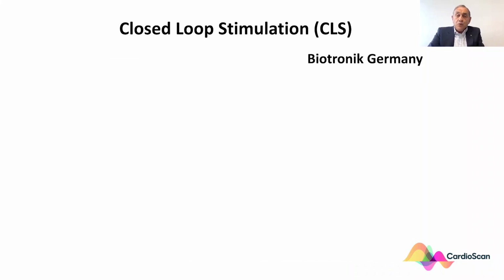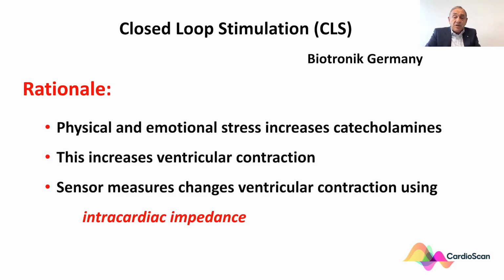The closed loop stimulation pacemaker by Biotronik in Germany: the rationale for this is that physical and emotional stress increases catecholamines. This increases ventricular contraction, and the sensor measures the changes in ventricular contraction using intracardiac impedance, not transthoracic, intracardiac.